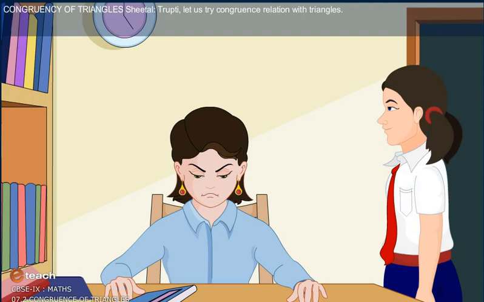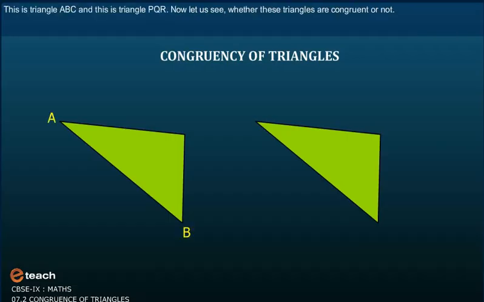Congruency of triangles. Sheetal says to Tripti, let us try the congruence relation with triangles. This is triangle ABC and this is triangle PQR. Now let us see whether these triangles are congruent or not.